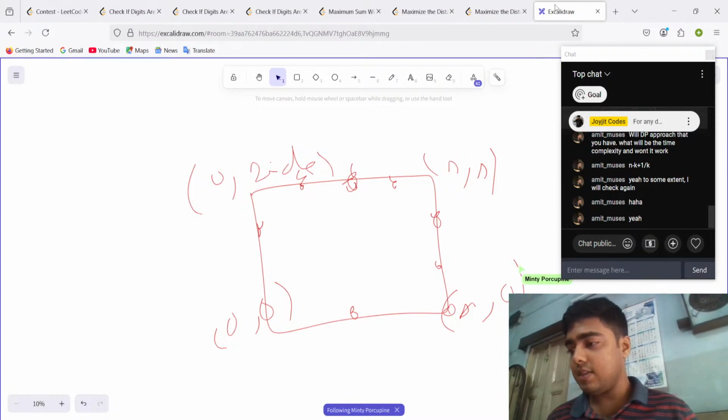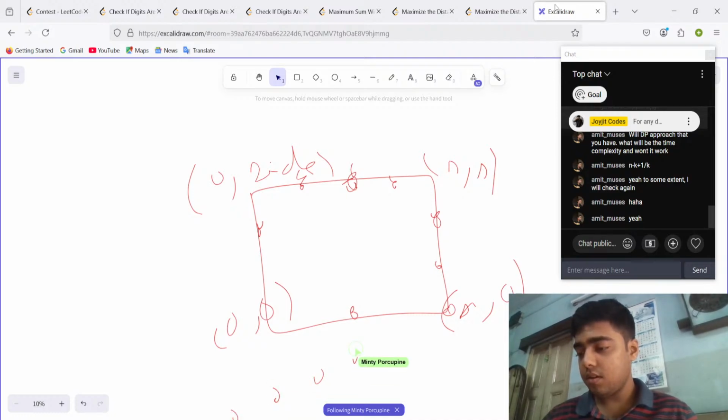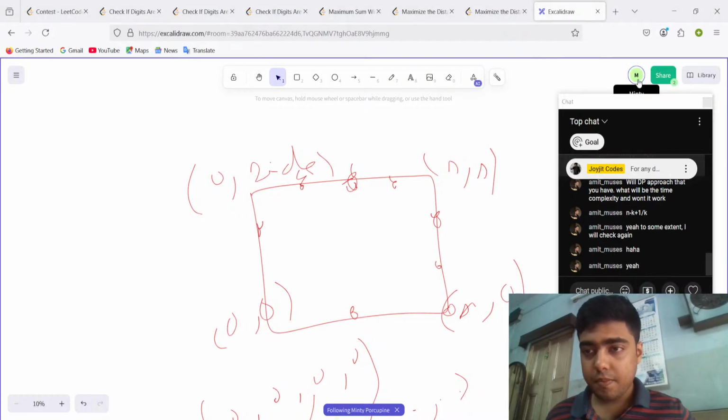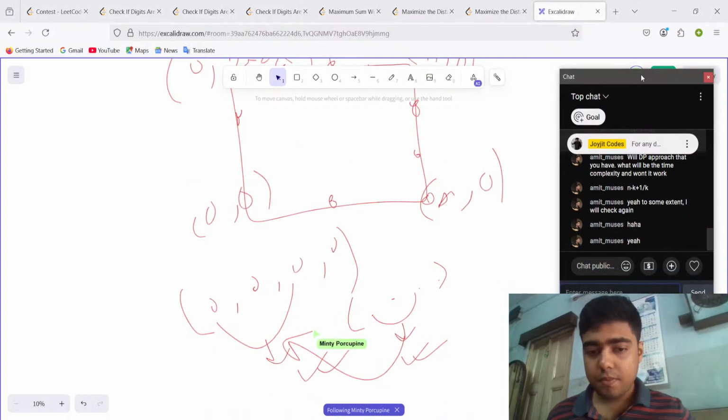Let's say you're taking k points. The minimum distance among these k points is between this point and this point, so this is the answer for us. Now, if we had the opportunity of taking any other 4 points such that the minimum distance was greater than this, we would take the greater value.